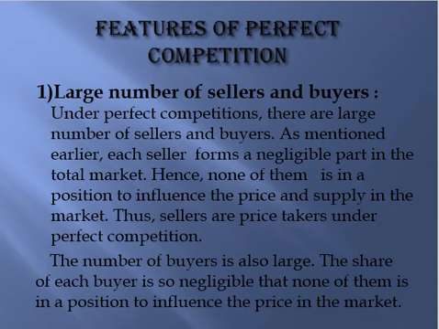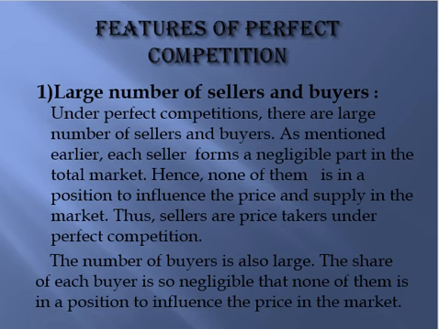The sellers are price takers under the perfect competition. Whatever is the price set by the market, the seller is going to take the price as it is. Why? Because since there are other sellers, even if one seller thinks to increase the price, the buyers will go somewhere else and purchase the commodity, right?